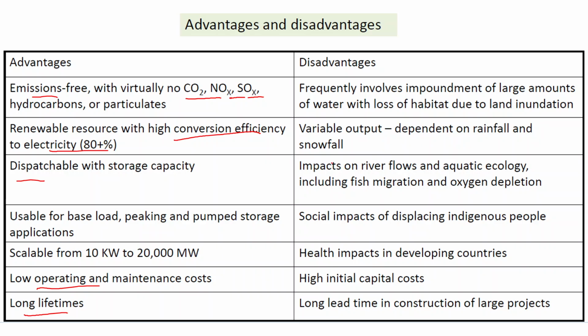And the output is variable, depending on the rainfall and snowfall. There is an impact on river flows and aquatic ecology. Obviously, aquatic ecology gets affected. Fish sometimes need to migrate, and oxygen depletion is a problem. There are social impacts of displacing indigenous people.